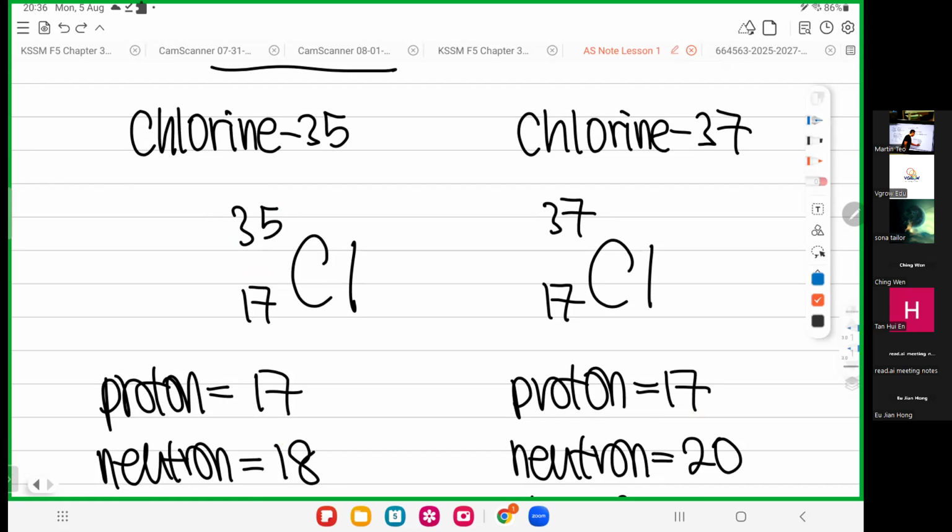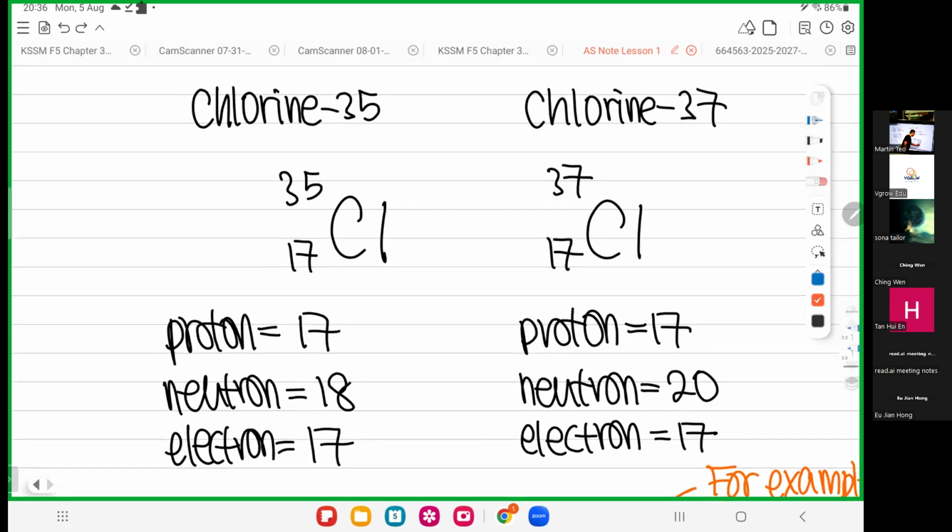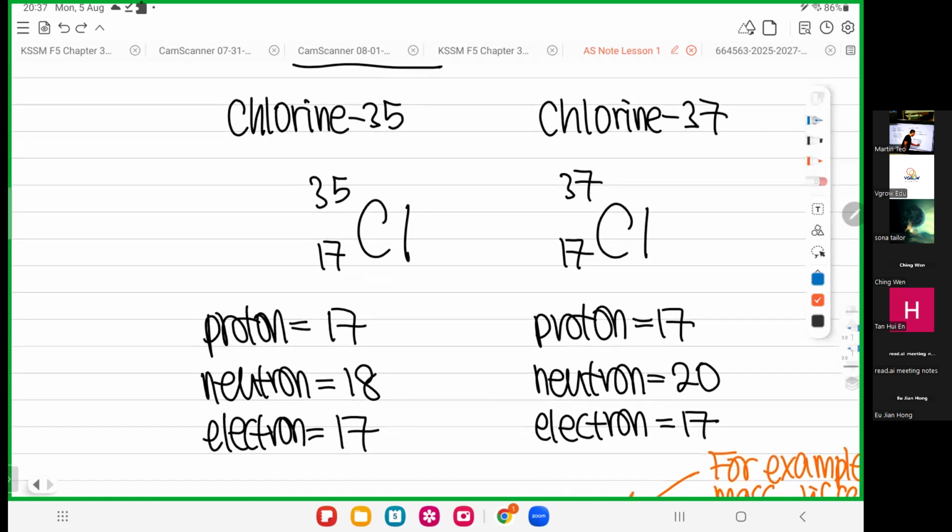Remember, isotope is an atom of the same element with the same proton number but different number of neutrons, or you can say different nucleon number. Do not ever write different neutron number. No such thing as neutron number. Since they have the same number of protons, of course the number of electrons will be the same. Make sure everyone knows what isotopes are. I repeat one more time.